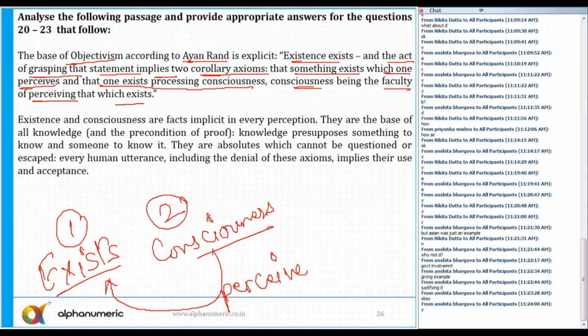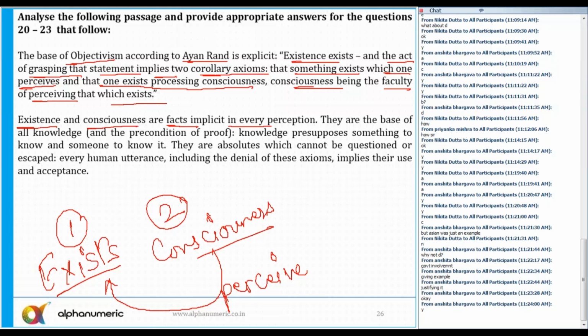So basically, something exists, and how do we come to know that something exists? It is because we have consciousness. Consciousness is a tool that helps in our perception of existence. So existence and consciousness are the facts which are implicit in every perception.